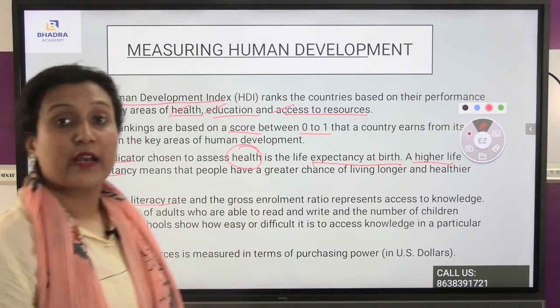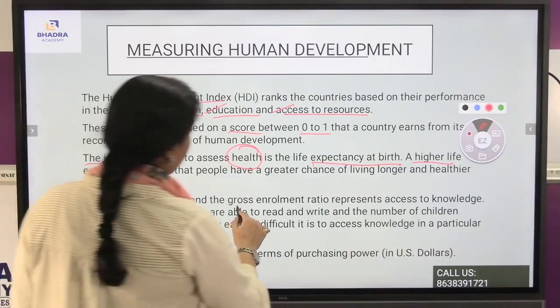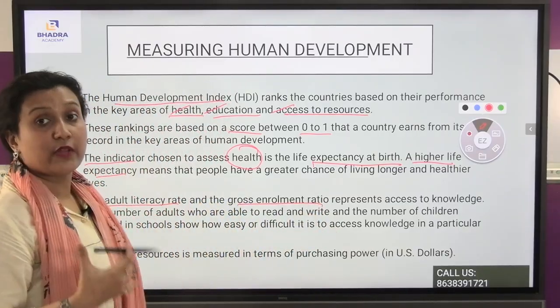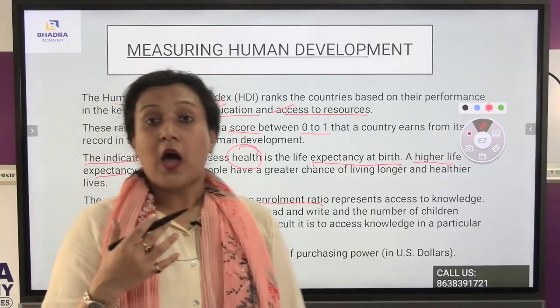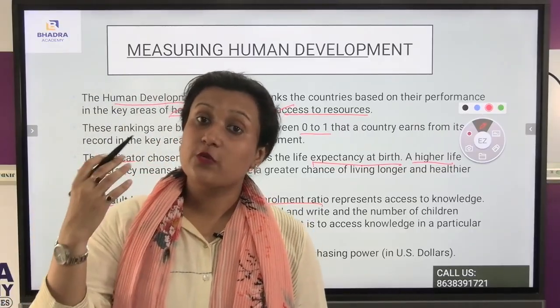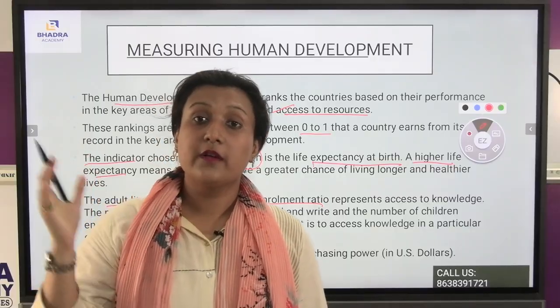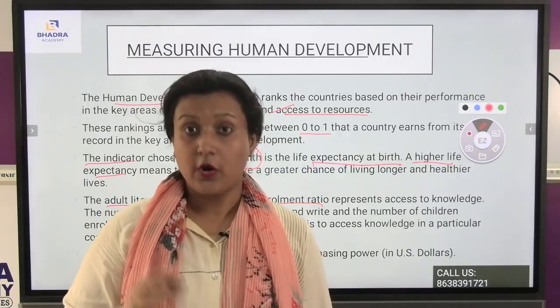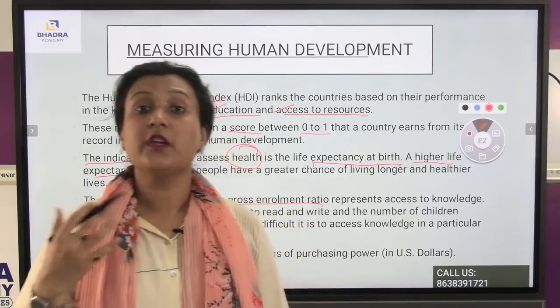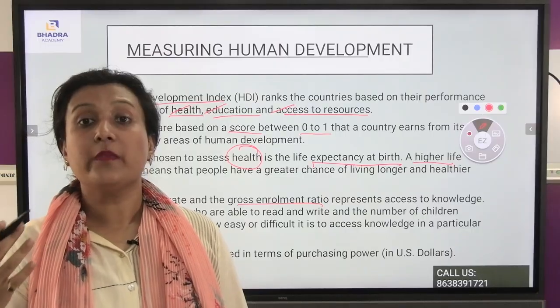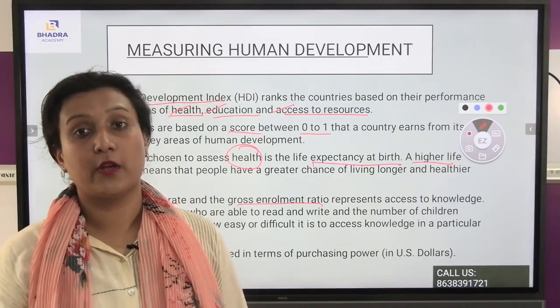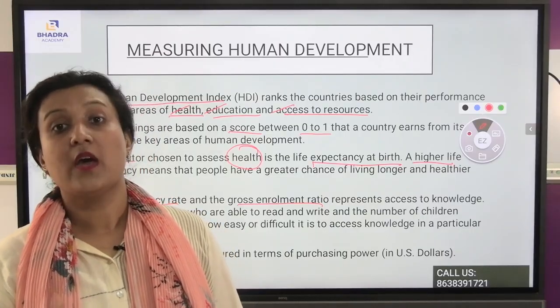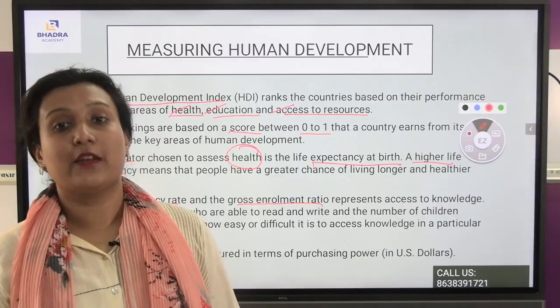Also, the gross enrollment ratio refers to access to knowledge. On the other hand, how many dropout rates there are, and how many children are being enrolled in a school or college, are all part of the literacy rate.